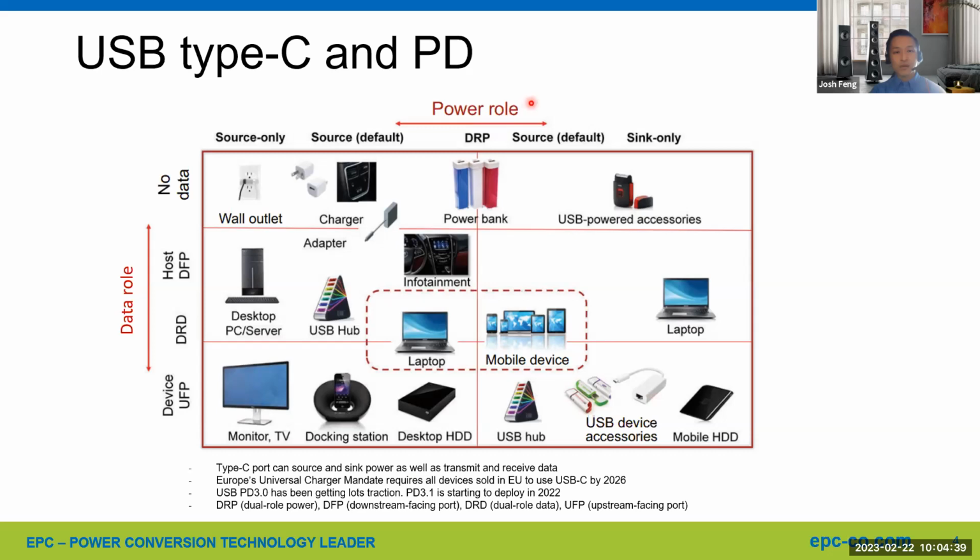In terms of focusing on power, you typically have the sourcing part, which is commonly known as the adapter or car charger. In the middle section, you have the DRP, dual role power device. Typically, those are devices that have a battery, so you can both sink and source power. There are a couple of different sockets out there. For example, a charger device has, on the secondary side, SRs or a multi-port buck converter.